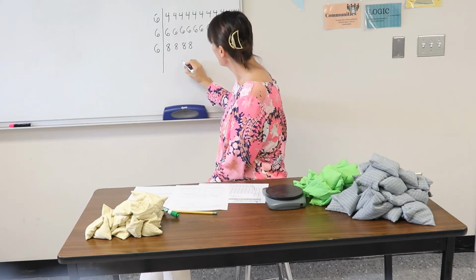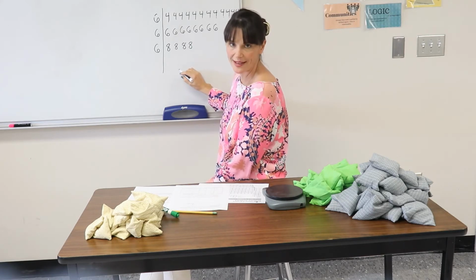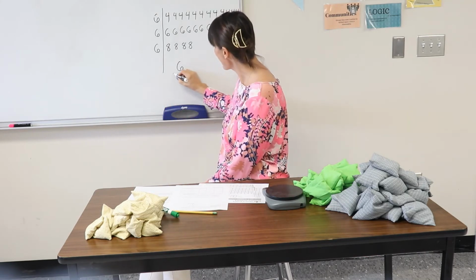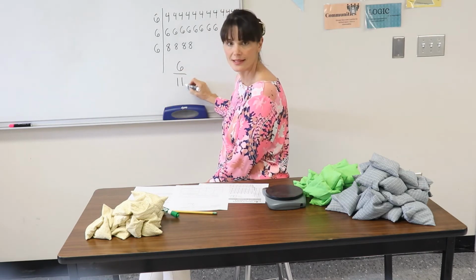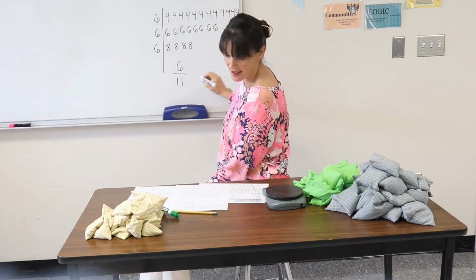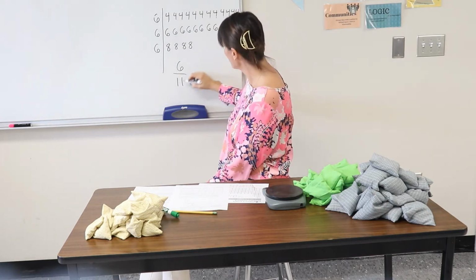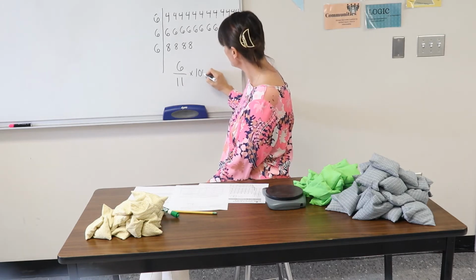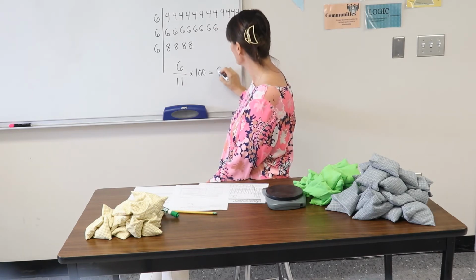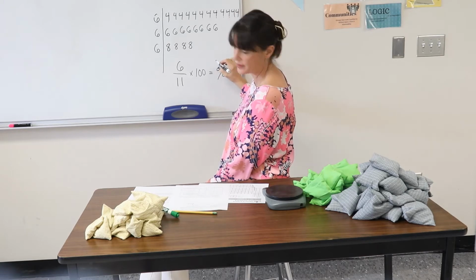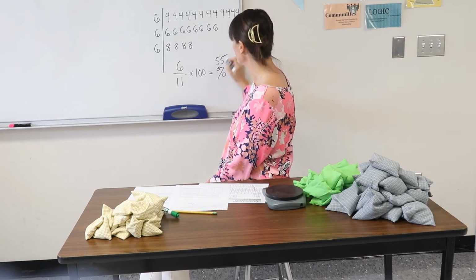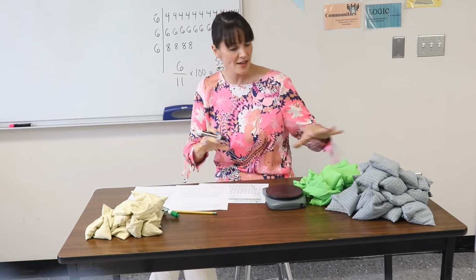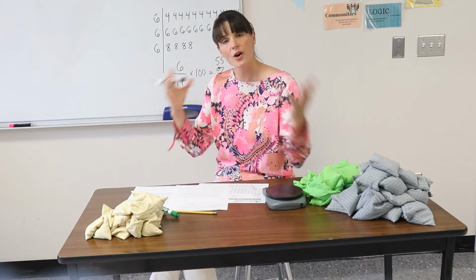So let's say you had 11 total bags and you wanted to find out what the percent is, then you would say 6 out of 11. You can set up a ratio and divide that out, and then you're going to multiply it times 100, and that's going to give you the percent. So in this case, it would be 55%, right? So you're going to calculate and find out the percent of each isotope of the whole.